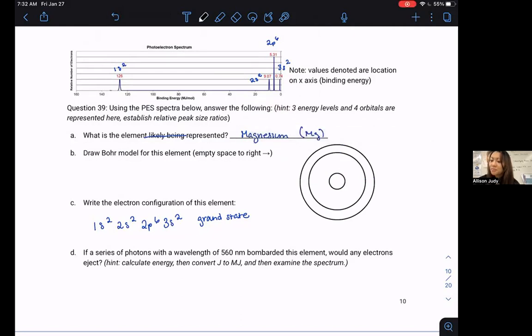So that's why we see such a mega jump between 1s2 and 2s2, and a smaller jump between energy level 2 peaks and energy level 3 peaks. So just a little side note, as you go up the energy levels in an atom, the difference in discrete energy between them is smaller and smaller.